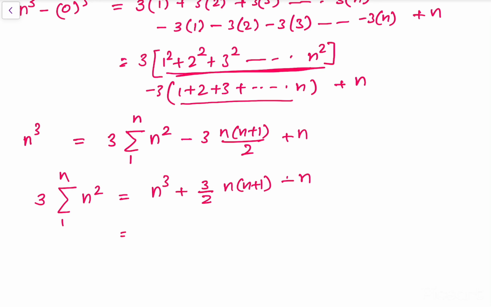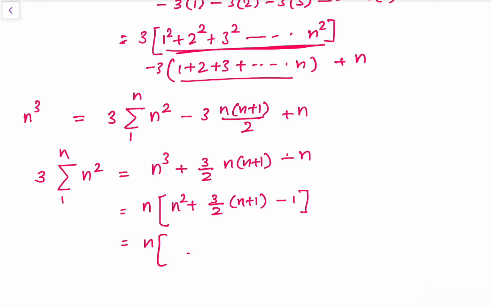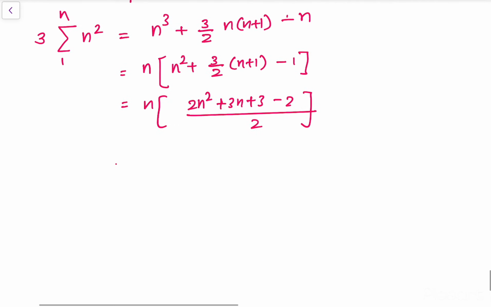We solve it: n is common, we get n times (n square plus 3n/2 plus 3/2 minus 1). If we take LCM, which is 2, it becomes (2n square plus 3n plus 3 minus 2). If we solve it, we get n times (2n square plus 3n plus 1) divided by 2.